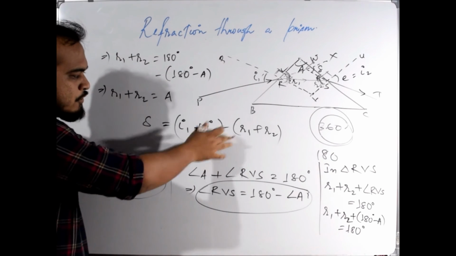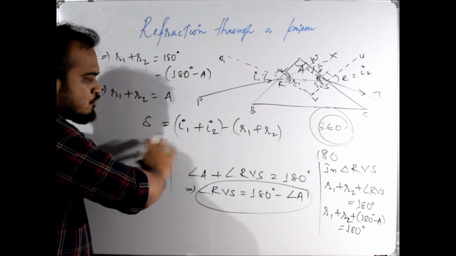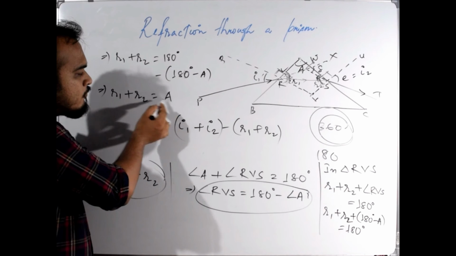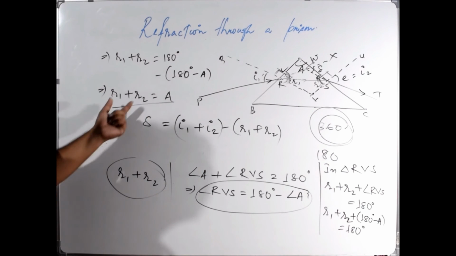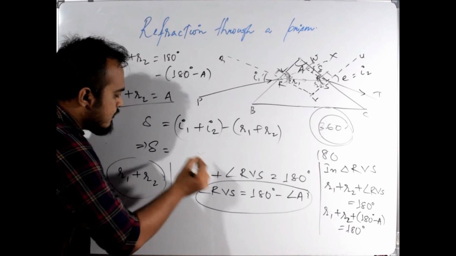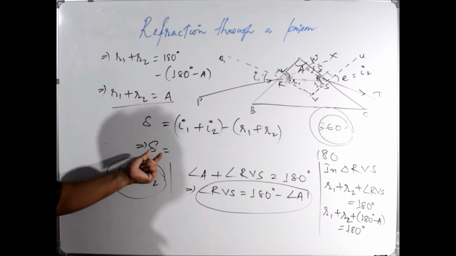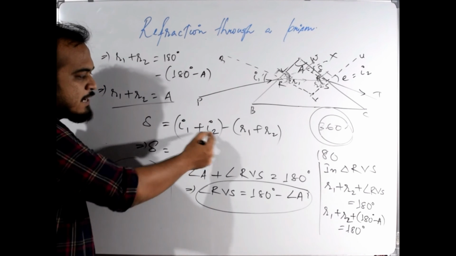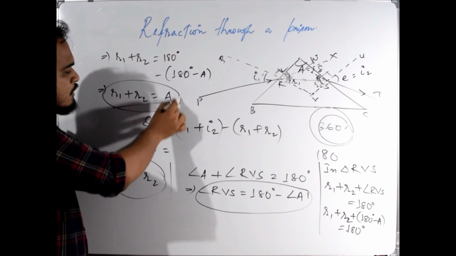I have rubbed it, so I am writing that equation again. R1 plus R2 we have got to be A. So what will delta be then? Delta can finally be written as I1 plus I2 minus A, because R1 plus R2 is equal to A.